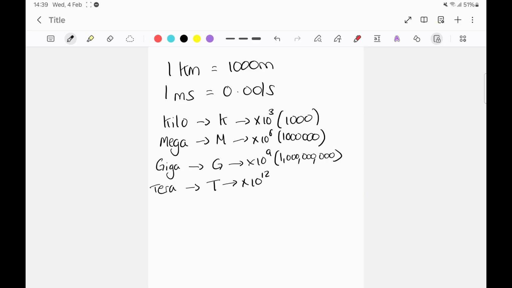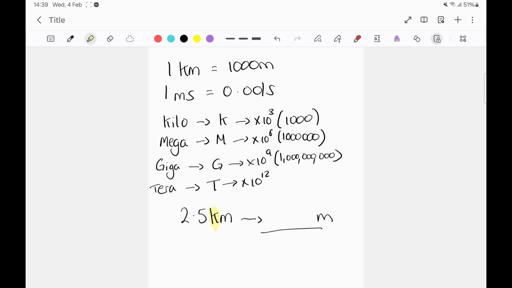So if I said I have 2.5 kilometers, to turn this into just a number with meters, I need to convert the kilo into its multiplier.